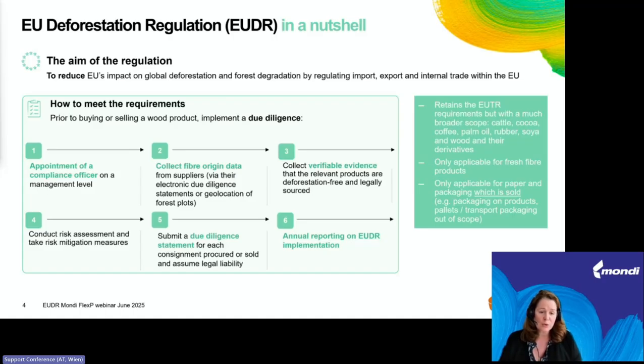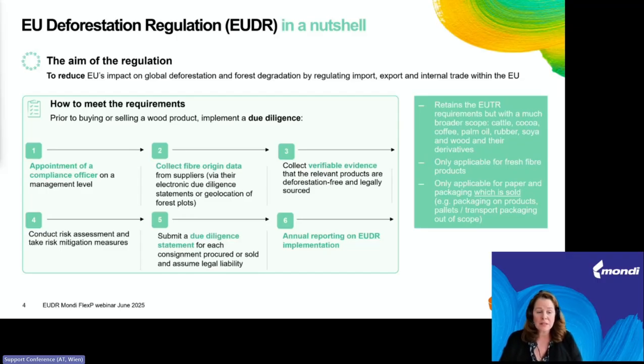The second step is to collect the fiber origin data from your suppliers. It can be through the due diligence statements referencing the data in the system, or if they're not in the system, then the geolocation data. The third step is to collect verifiable evidence that those products are deforestation free and legally sourced.